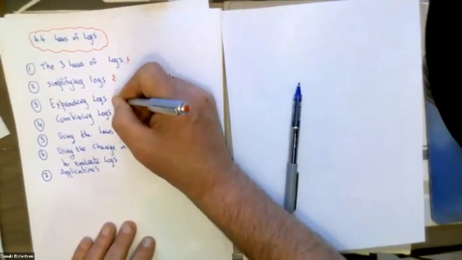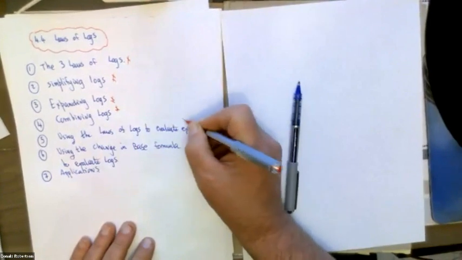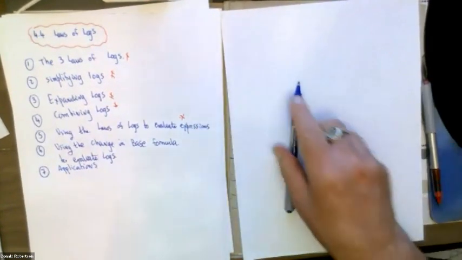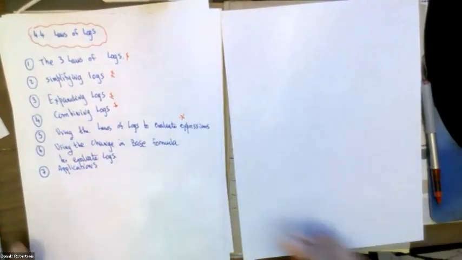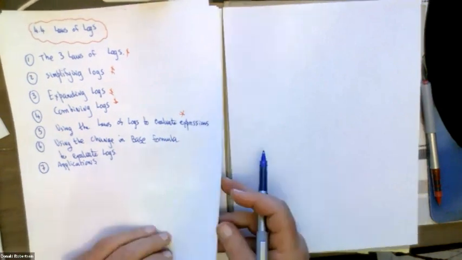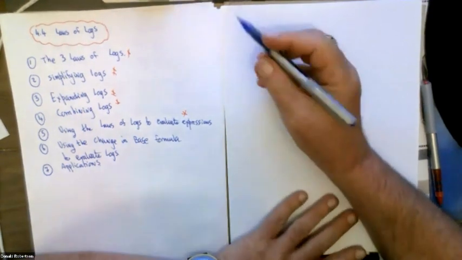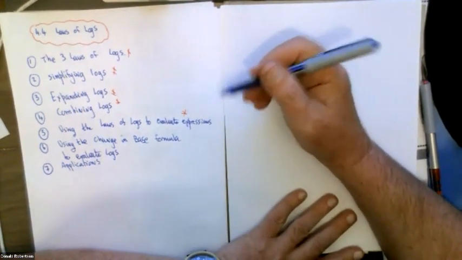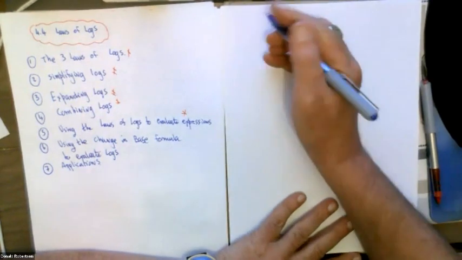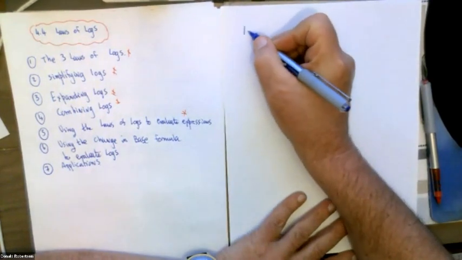Covered quite a lot. We've done all these guys. Now let's use a technique that we've already used before. Sorry, I should say using the change of base to evaluate an expression in a log.